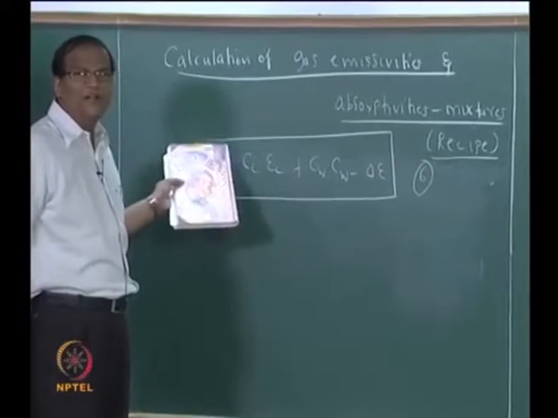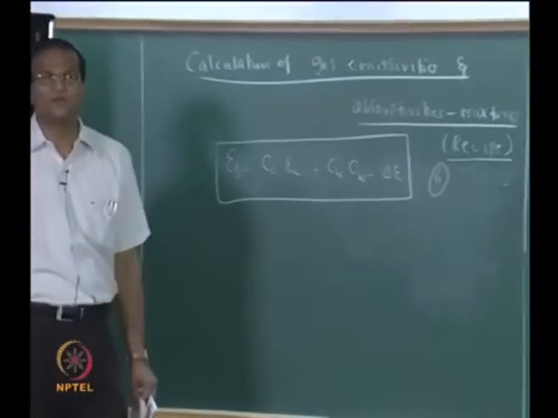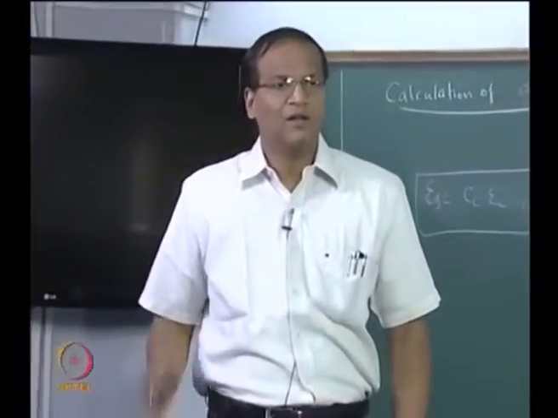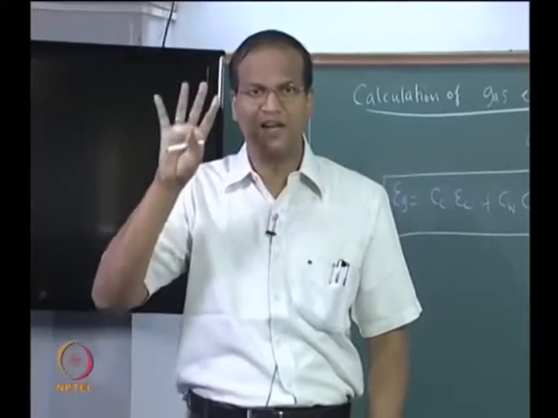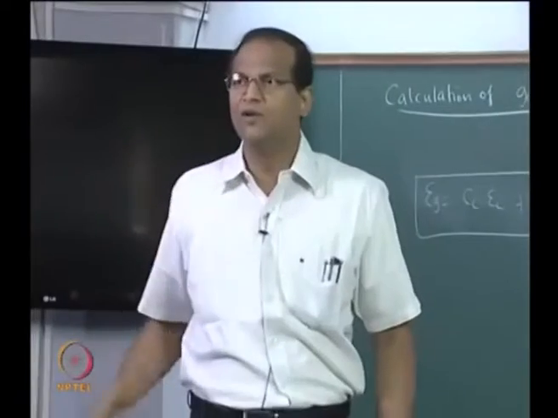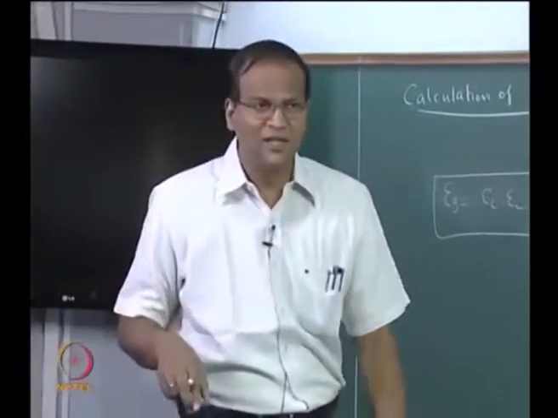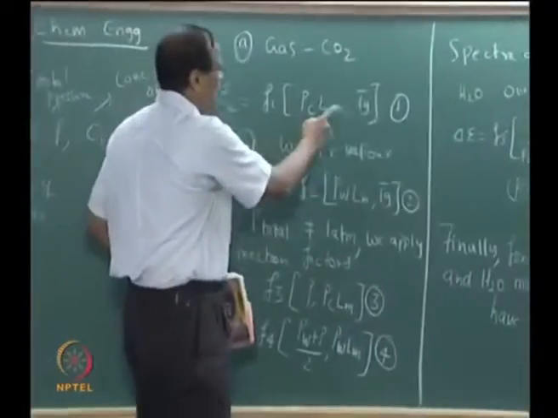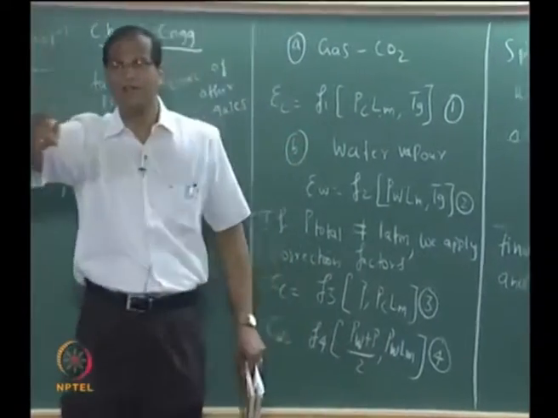So how many charts will you read to get epsilon g for a pressure other than 1 atmosphere? 5 times you have to read the chart. Once to calculate epsilon c, once to calculate epsilon w, twice to get their corrections, and the 5th time to do the minus delta epsilon. But then in order to use the 5 charts, some painful parameters have to be worked out, that is PC, LM, TG. That is why it is very important that you write down this properly, you can use it in the exam.